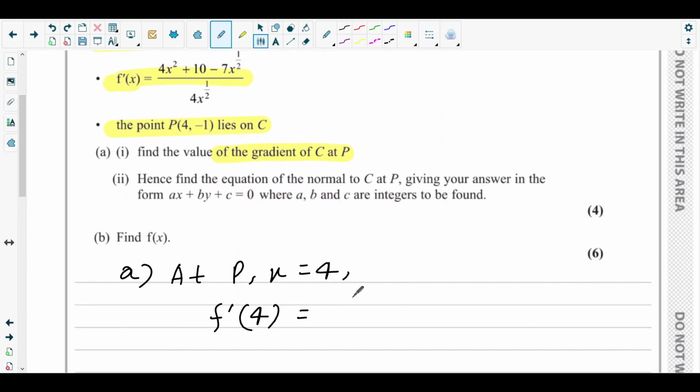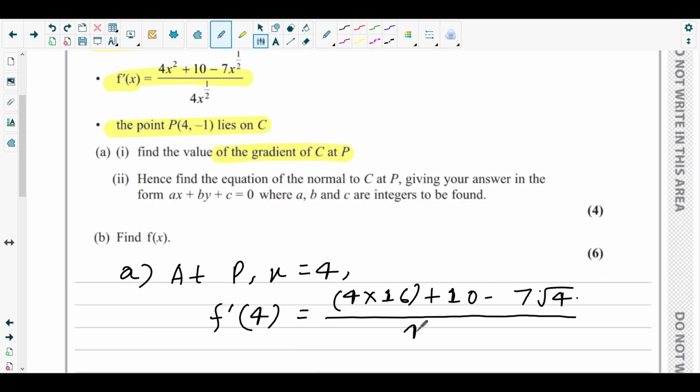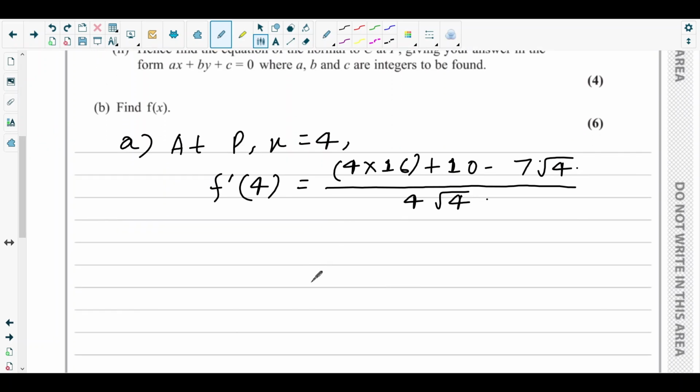So you will get (4 times 4 squared, which is 16, plus 10 minus 7 square root of 4) divided by 4 square root of 4. Okay, so now just do the calculation. 16 times 4, sorry, this is 64, not 256.